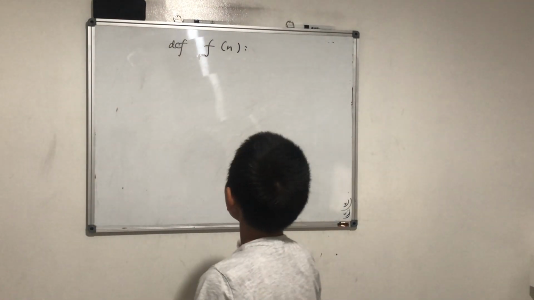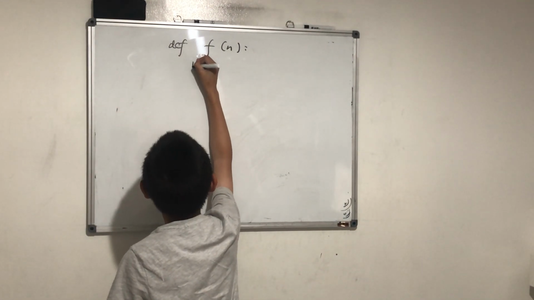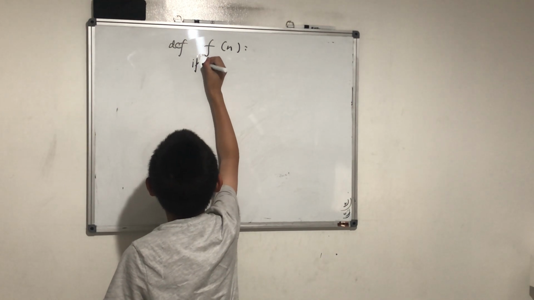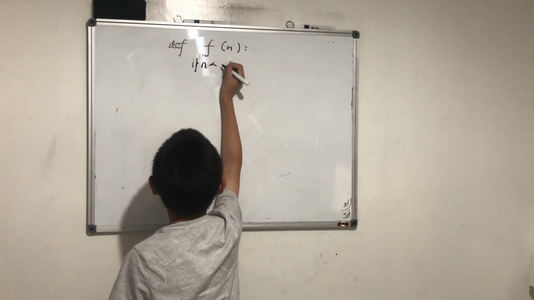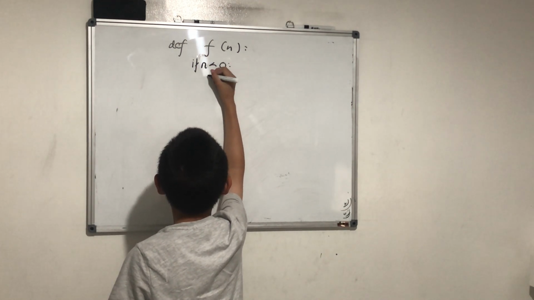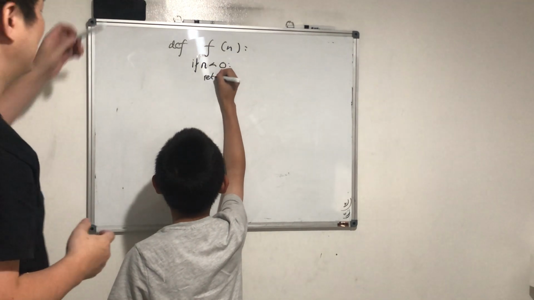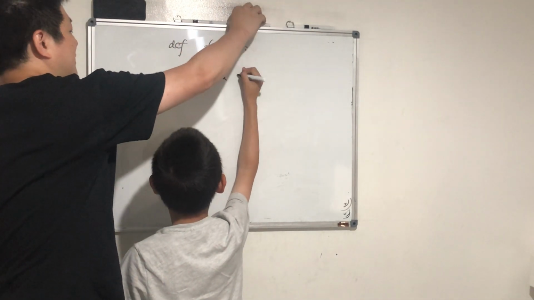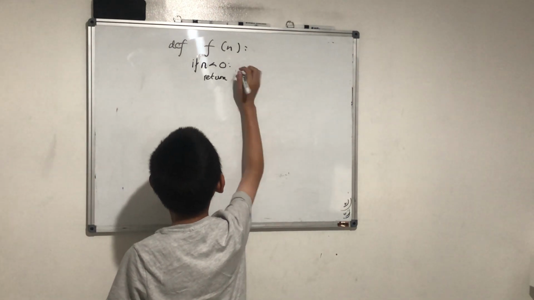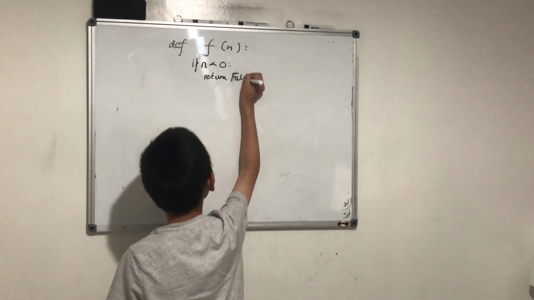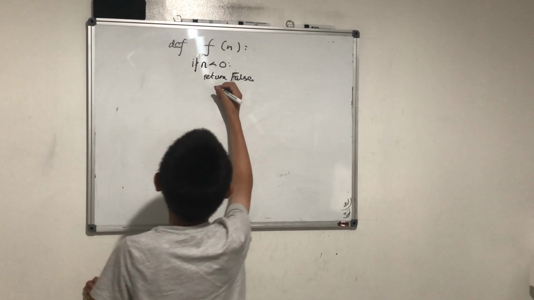Okay, let's go easy. First one. If what? If n smaller than zero, return false. False, capital F. Yeah.